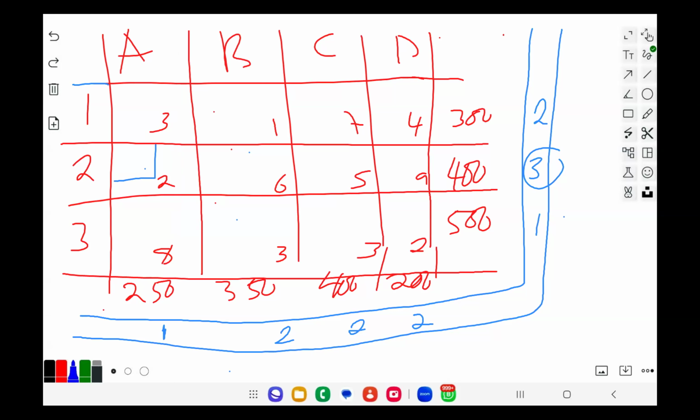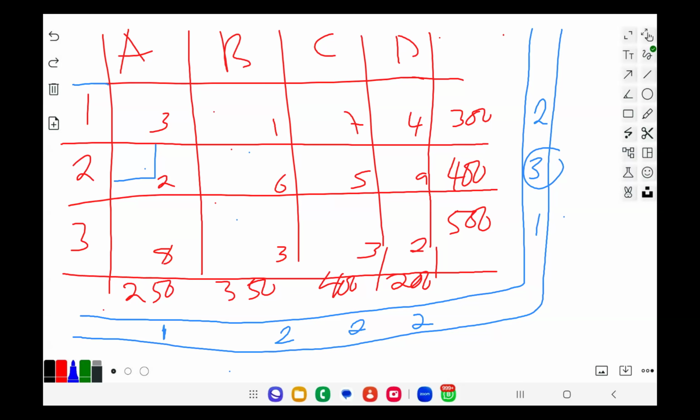So you have seen how we move: penalties, then the maximum penalty, then you follow that row or column where you have the penalty.